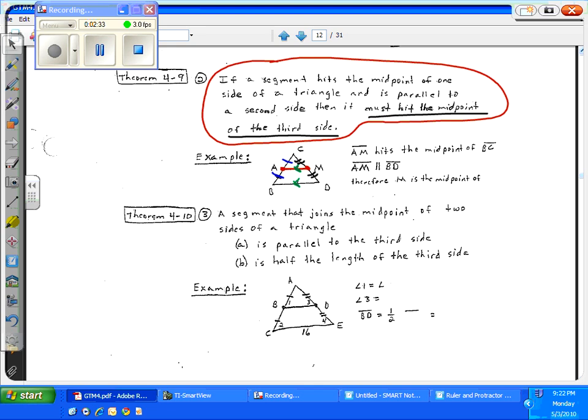And so our conclusion is that M is the midpoint of segment CD, which would prove to us that segment CM is equal to segment DM.